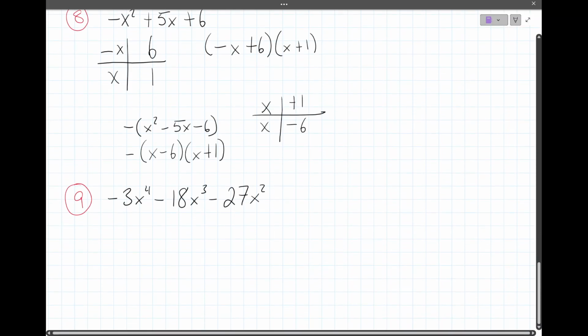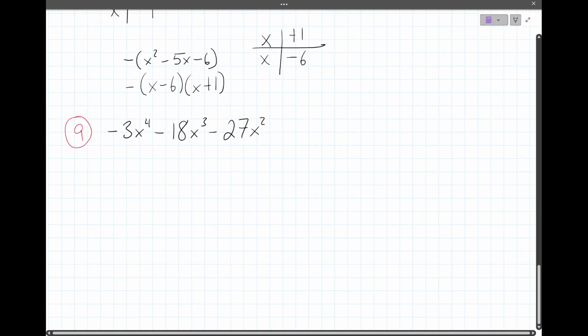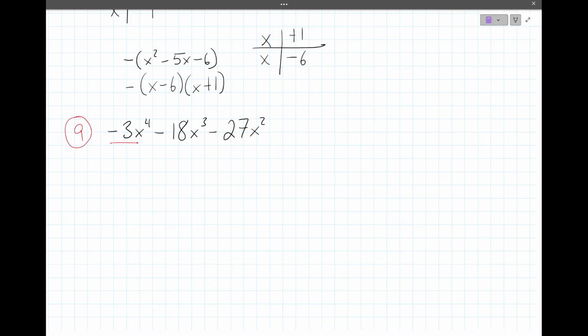So with all that, right away, before we do any steps, we should be on serious lookout for GCFs. The smallest number of these is 3 and a negative as well. So I know 3 can divide each one. So I'm going to divide each one by negative 3. And then I'm going to check for how many x's I can take out. It looks like x squared is what I can take out here.